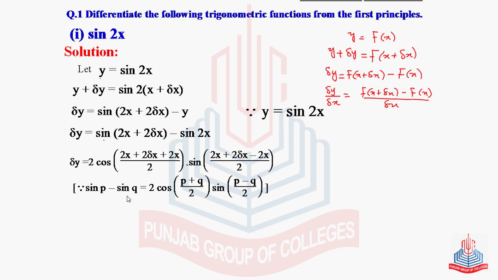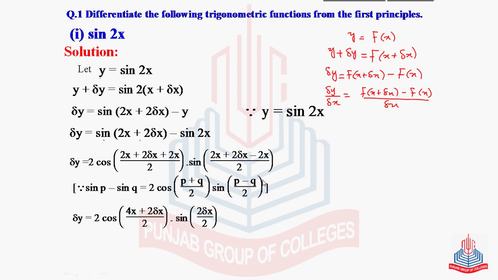So apply the formula here, this will become sine p minus sine q, that is 2 cos of (p plus q) over 2, where p is 2x plus 2 delta x and q is this angle, into sine of (p minus q) divided by 2. We can compare it with this basic formula.